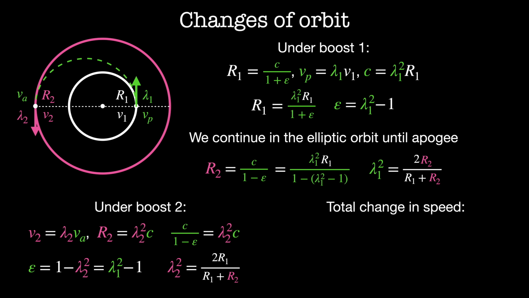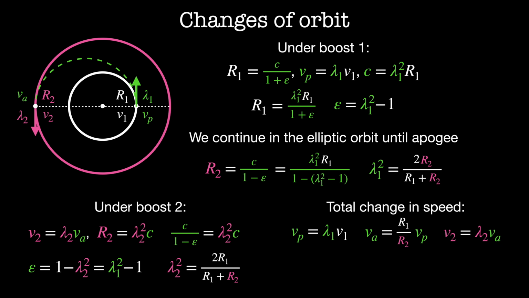Lastly, we can work out the total change in speeds of the orbits. If we start at velocity v1 and boost by lambda 1, we end up at the velocity at the perigee of the orbit. Then as we travel in the elliptical orbit, we go from the velocity at perigee to the velocity at apogee. And we know that since angular momentum is conserved during the orbit, we can write the velocity at apogee as r1 divided by r2 times the velocity at perigee.